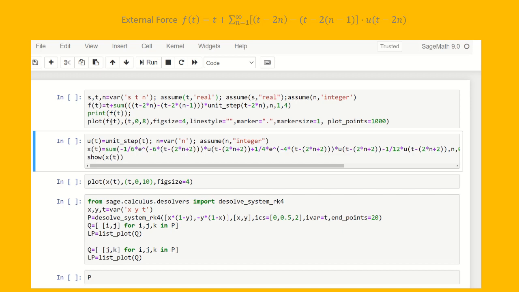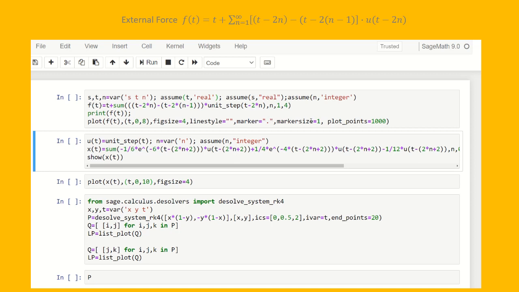We're going to plot f of t for t going from 0 to 8. The figure size is 4, that means it's fairly small. I don't want to draw a line, so line style equals nothing. I want to print little points in our graph, so marker equals a point.